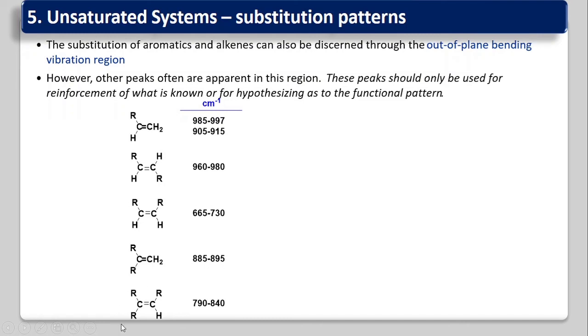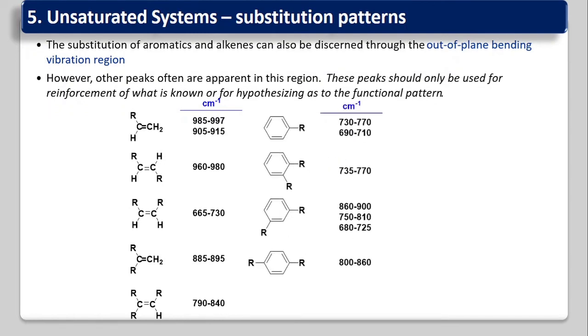And if it is a trisubstituted alkene, then it absorbs between 790 to 840 cm⁻¹.